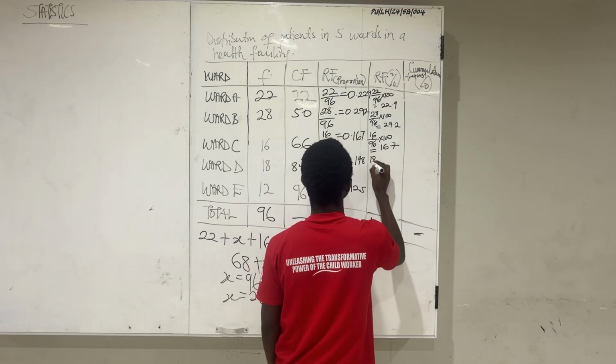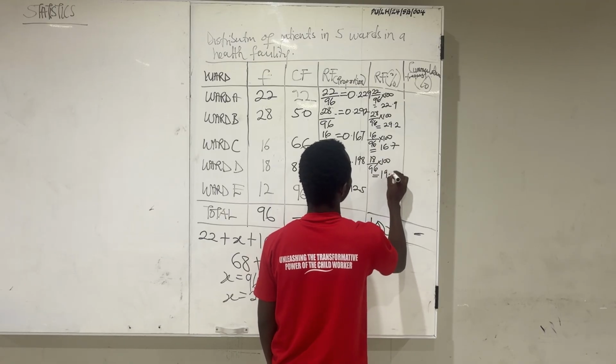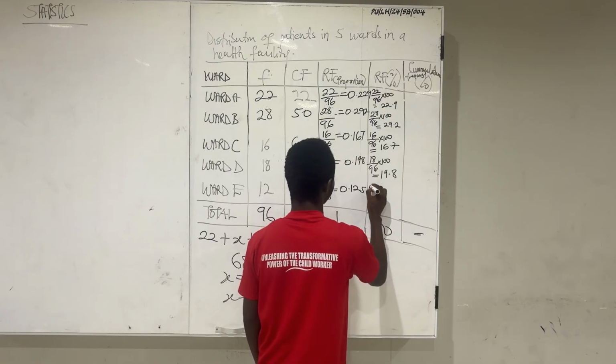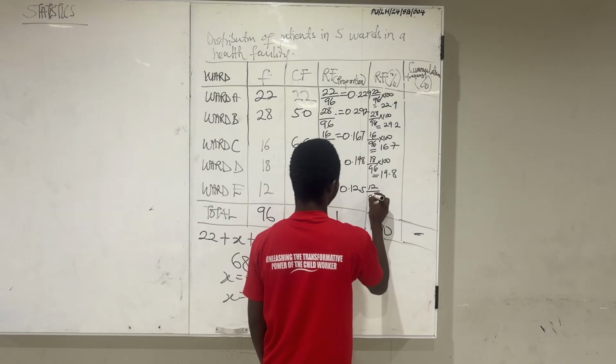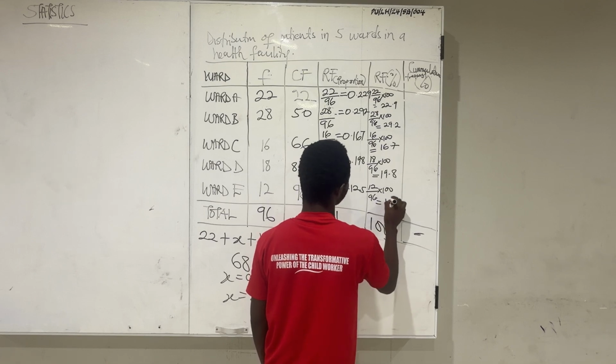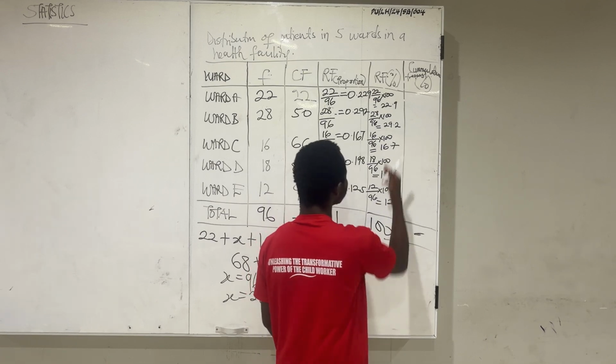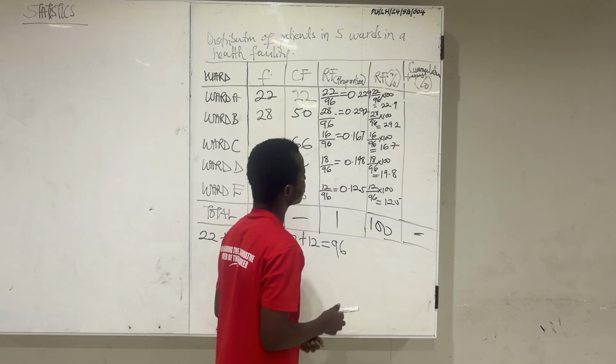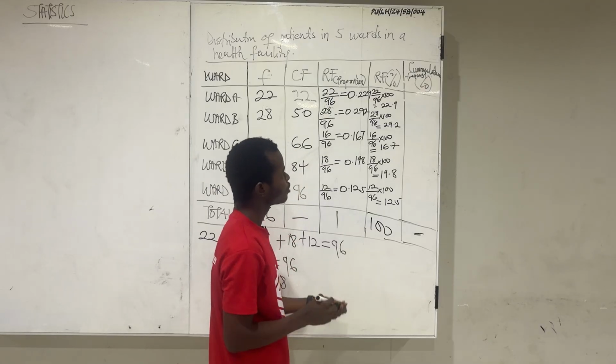Then 18 divided by 96 times 100, 19.8. And 12 divided by 96 times 100, which will give you 12.5. So when you sum up all these ones too, you get a total of 100.